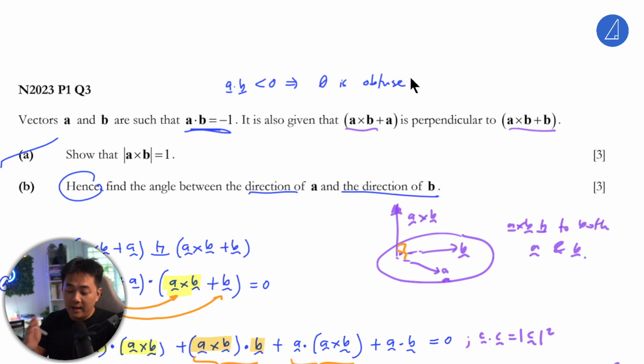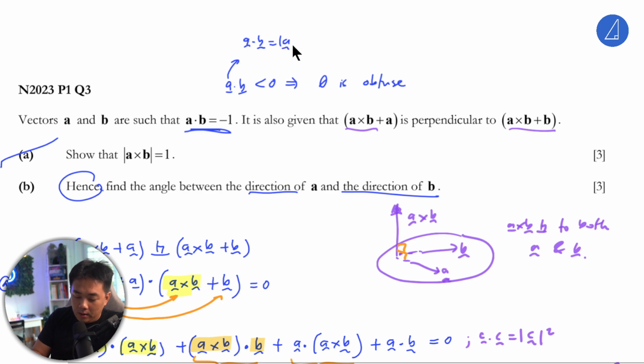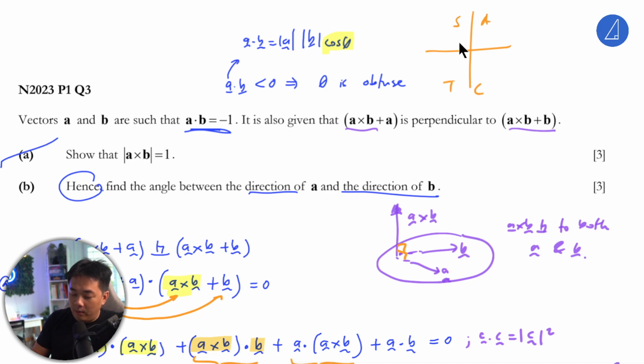So A dot B is mod A mod B cosine theta. When this is negative, you know ASTC, cosine is negative in the second quadrant, so this is the only thing responsible for it being negative. Just be mindful of that.